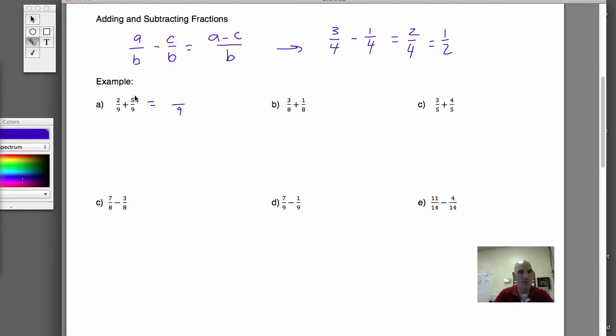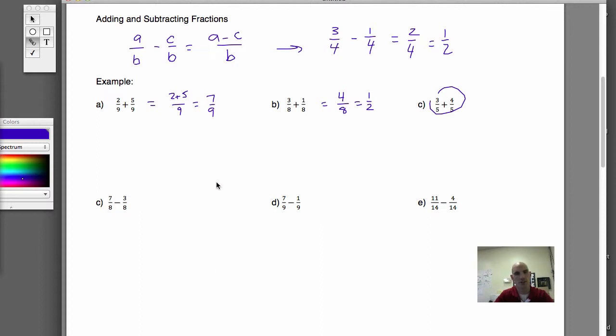And so I'm going to end up with 2 plus 5, which gives me 7/9. Same thing for my eighths here. If I've got these eighths, I'm going to end up with eighths on the bottom. So 3 plus 1 would be 4. And I can reduce that, noticing that 4 out of 8 would be the same as 1 out of 2. And I'll leave you this one to be done.